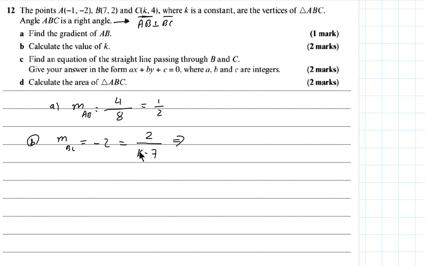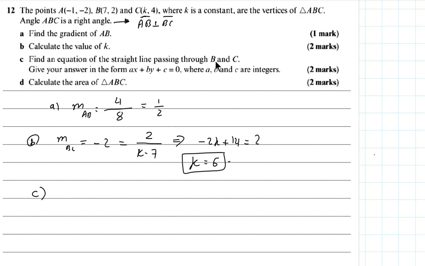Then we can make cross multiplication to be -2k + 14 = 2. Then 2 minus 14 is -12. Divide both sides by -2, k should be 6.